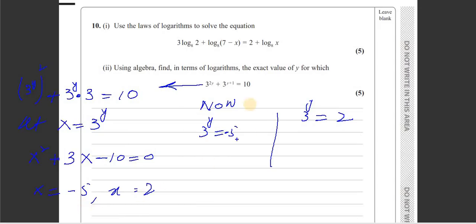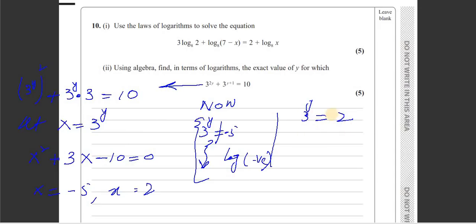Clearly you cannot solve the first one because if you find the value of y, you would need the log of a negative number, and the log of a negative number does not exist. That's why we cannot solve it. So this is the end of the story for that value.